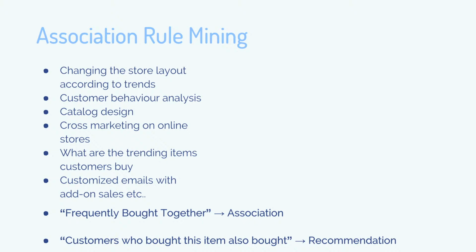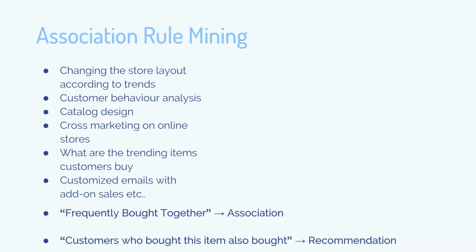So here we have some of the rules, like association rules. First, we can change the store layout according to the trends. According to the billing statements, they will change the store layouts. Then customer behavior analysis, according to how customers behave, and then catalog design and cross marketing in online stores, what trend items customers buy, and then customer emails.